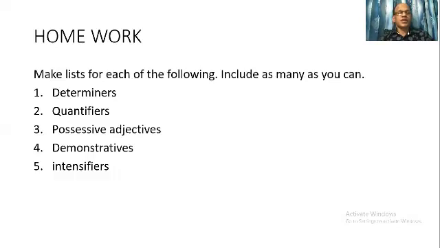The words that can express quantity. Make a list of quantifiers. Number 3, possessive adjectives. The adjectives that indicate ownership. Number 4, demonstratives like this, that, and those, etc. Make a list of them. And finally, intensifiers. So make 5 lists. It is your homework and submit it to me or your English teacher when the class is reopened.